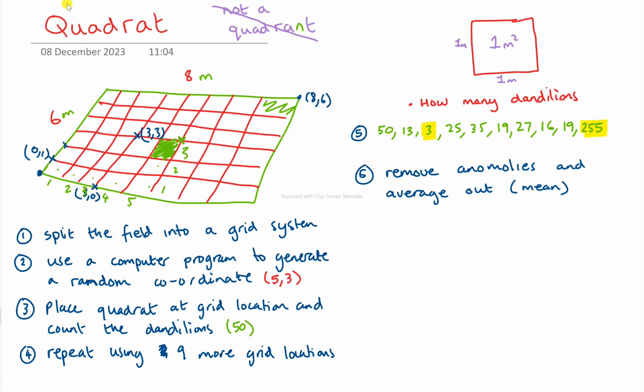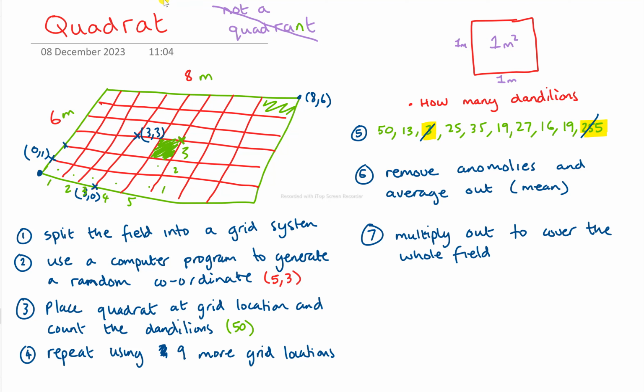So we'll add up all of them except that one and that one, and divide by 8. That gives an average per square, and then we multiply out to cover the whole field.